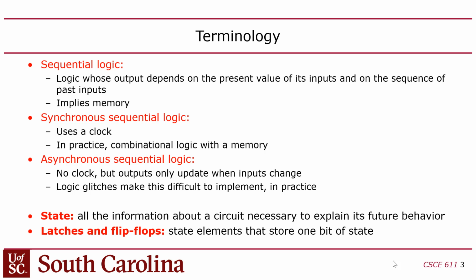The neurons were triggered on pulses from their inputs. So every once in a while you'll see a chip with asynchronous logic, but it's fairly rare. So I'm going to be focusing on synchronous sequential logic, because that's the most common type you see in processor design. And it's the type we use for the CPU.